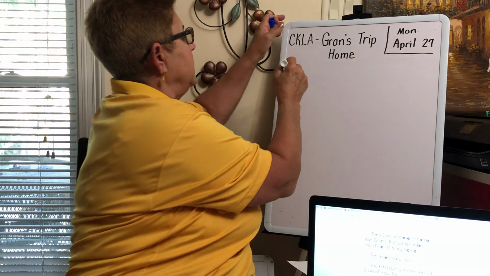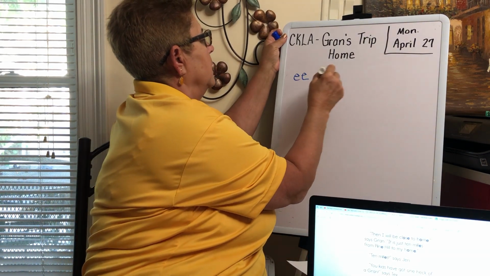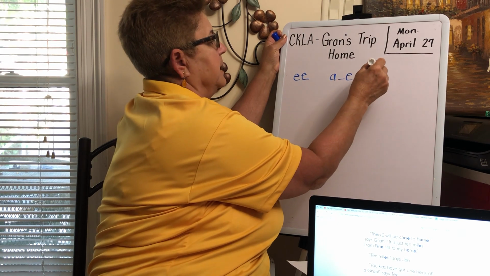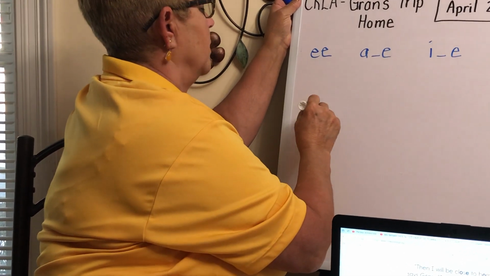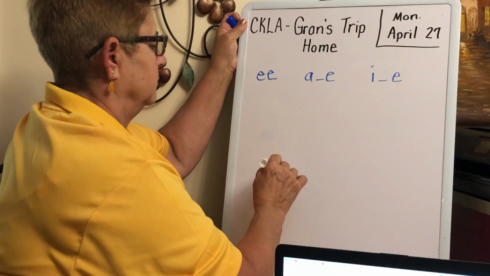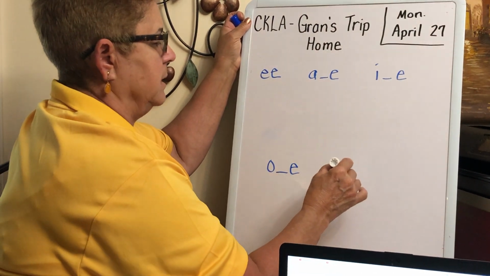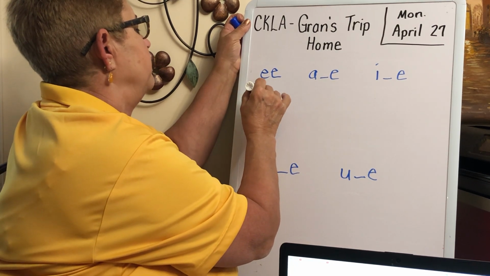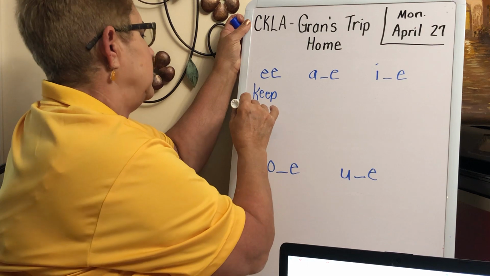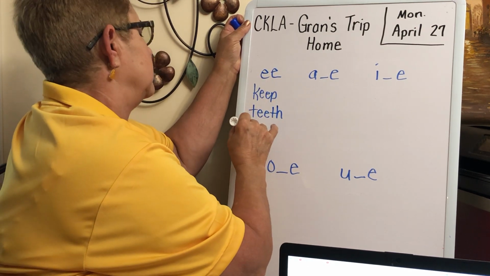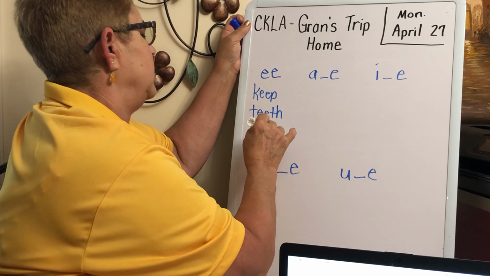Let me use blue, and we did EE, and then we did A blank E, and we did I blank E, we did O blank E, and we did U blank E. And the words that we looked at so far were keep, teeth, and greet. That was our EE words.